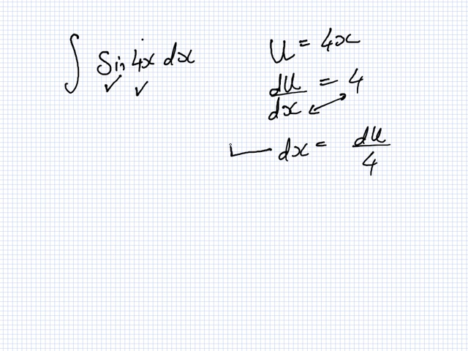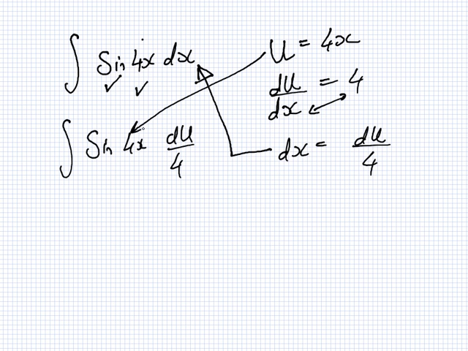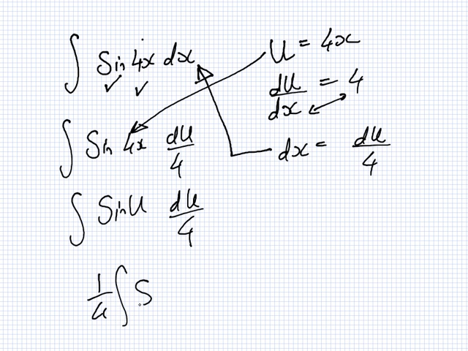If I put that in here, I can change this into sine 4x du over 4. And also, if I put that in as well, I get sine u du over 4. And remember, I can take the 4 out. Remember I was telling you about this before.